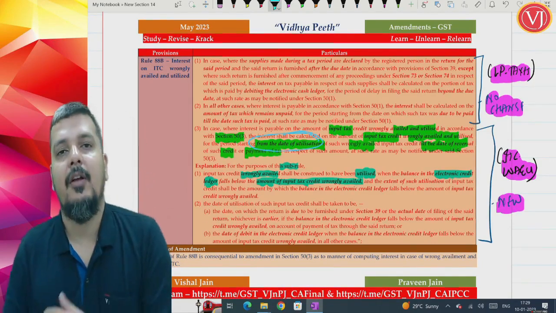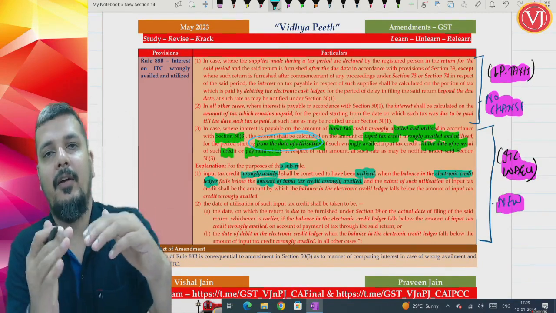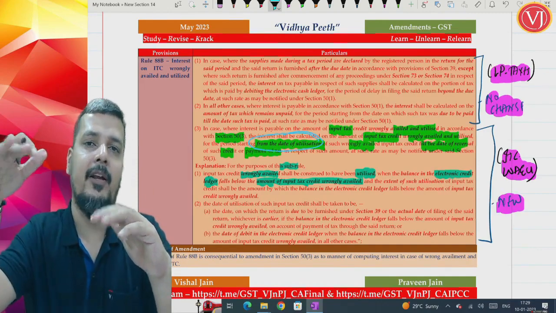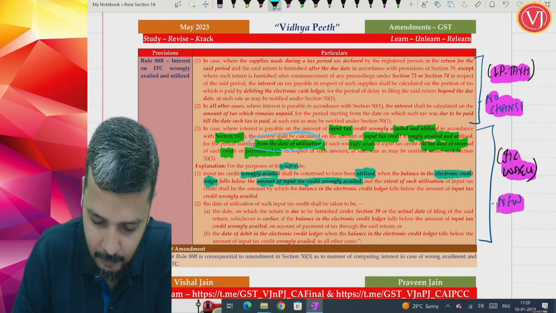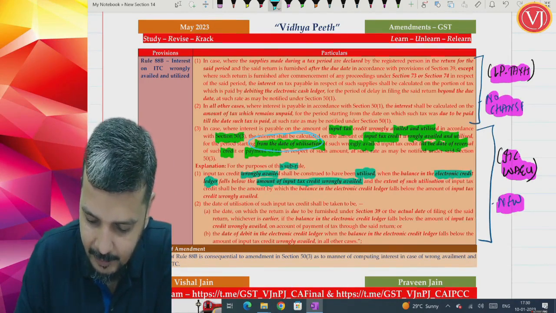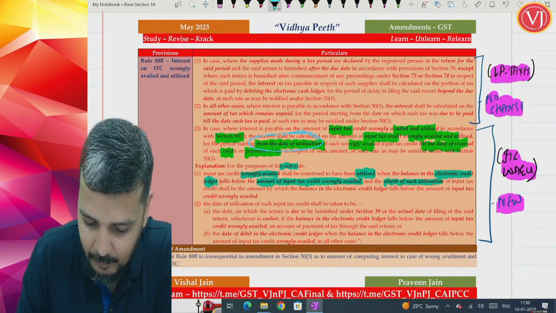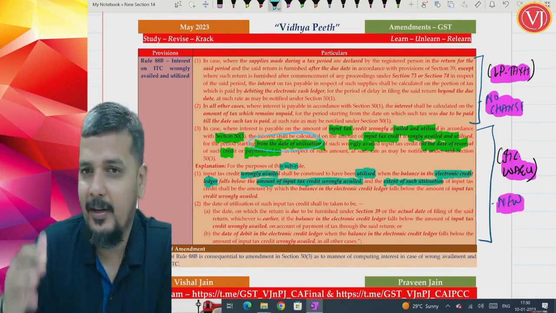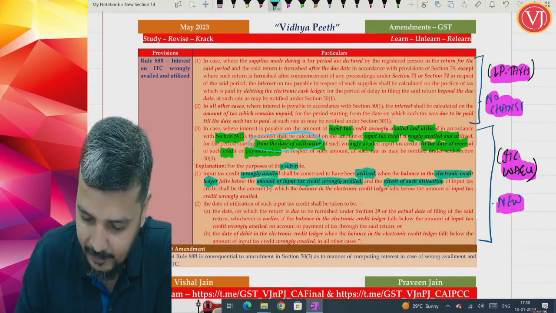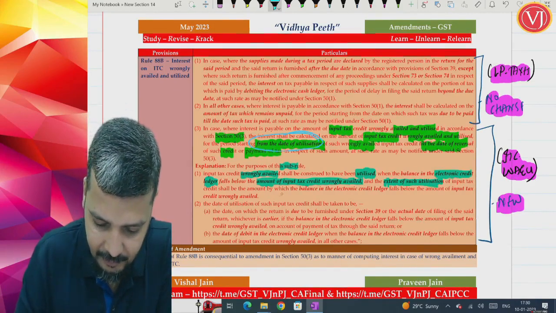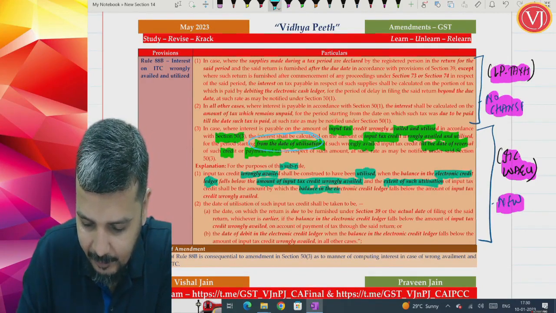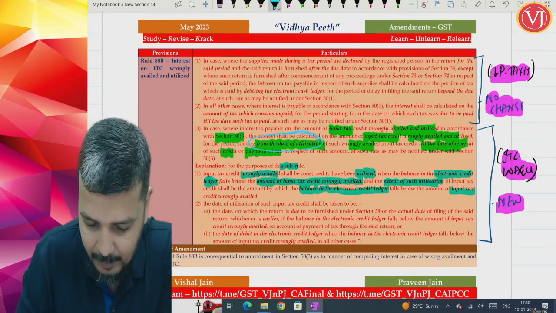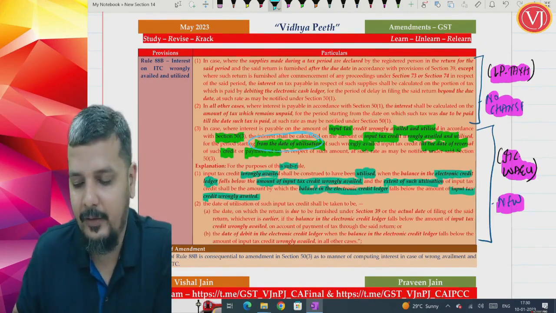If at all you have availed wrong credit of 10 crore, but your credit balance remains always more than 10 crores, you have not used it. But if it falls below 10 crores, only then you are said to have used that credit, and only to that extent of utilization, not entirely. Only the extent of such utilization shall be the amount by which the balance in electronic credit ledger falls below the input tax credit wrongly availed.